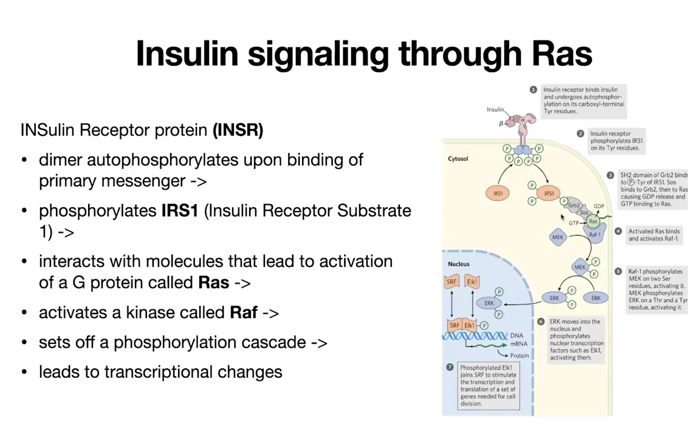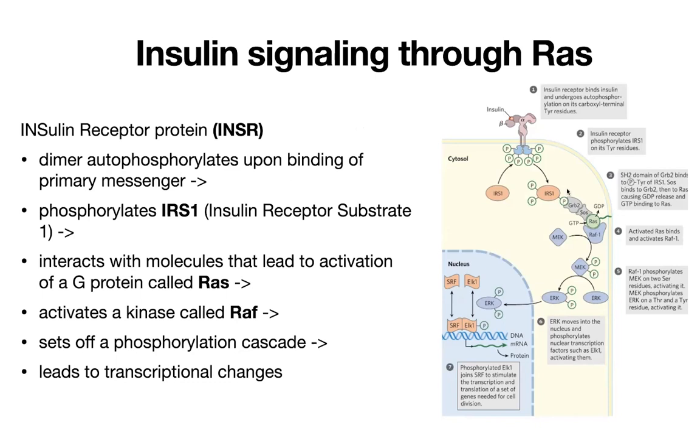We'll see that it can then go and phosphorylate this protein called IRS1. Now, IRS1, once it's phosphorylated, is going to serve as a kind of connection point. IRS1 stands for insulin receptor substrate 1.